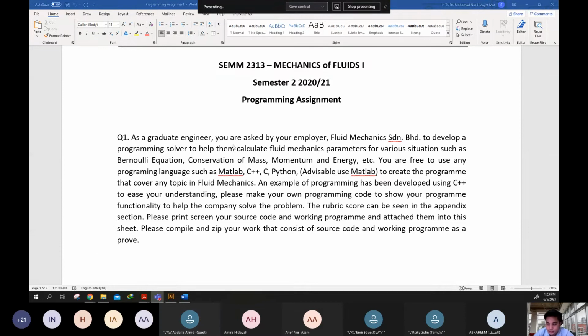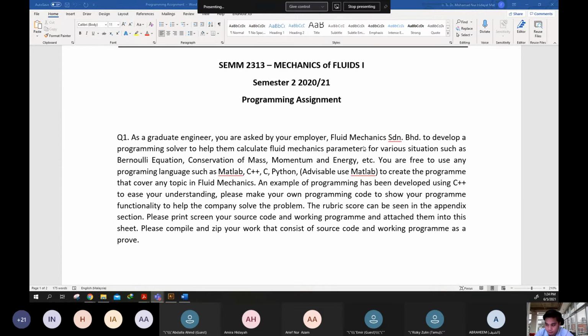As a graduate engineer, you are asked by your employer to develop a programming solver to help them calculate fluid mechanics parameters for various situations such as the Bernoulli equation, conservation of mass, momentum, energy, and so on. You are free to use any programming language such as MATLAB, C++, C, or Python.